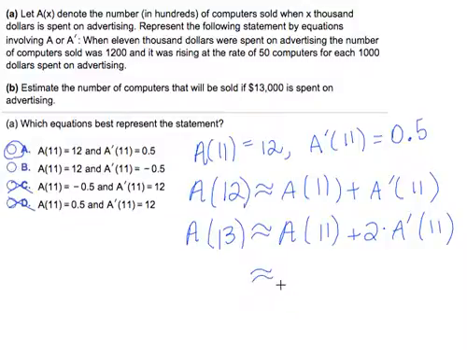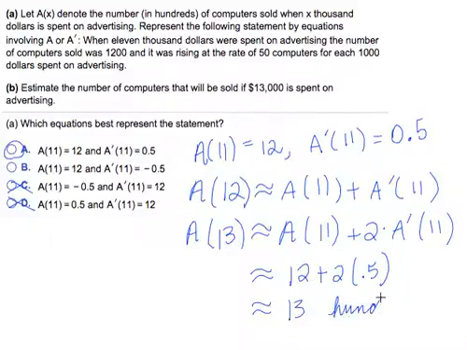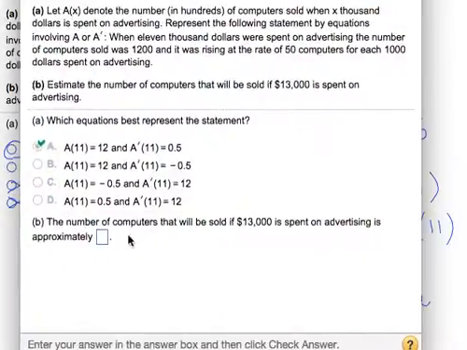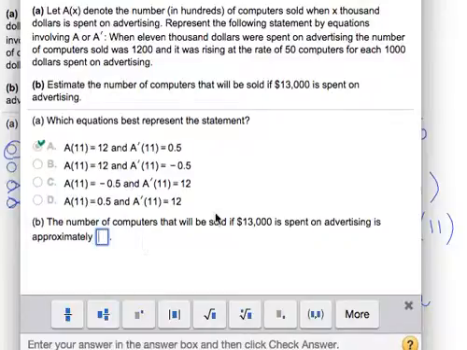So A of 13, the number of computers sold if $13,000 is spent, would be A of 11, which is 12, plus 2 times 0.5. So 2 times 0.5 is 1, so 13, and the units are in hundreds of computers. It does not actually say the word hundreds, so we would need to enter 1,300.